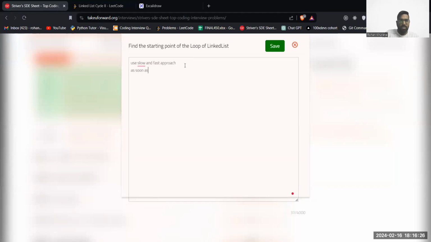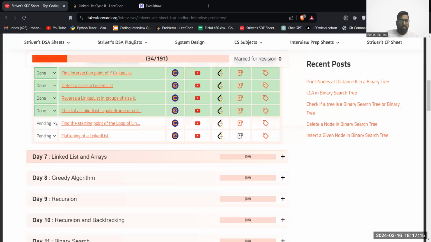As soon as you reach the meeting point, take slow back to the head again, move slow and fast by 1 step, and you will notice that as soon as slow is equal to fast again, that means this is the starting point of the cycle. Let's save this and mark this as done.